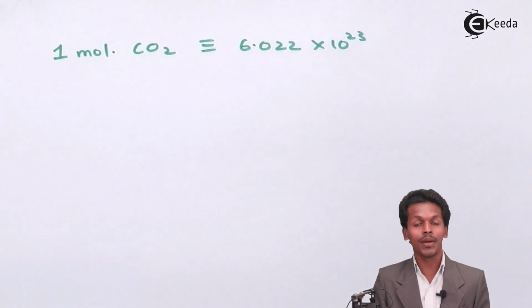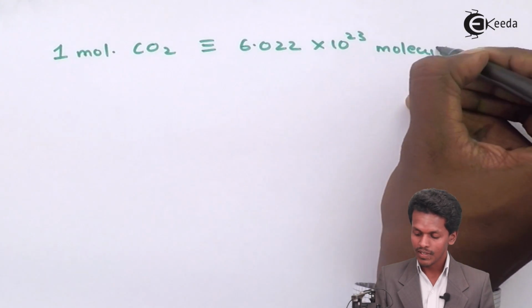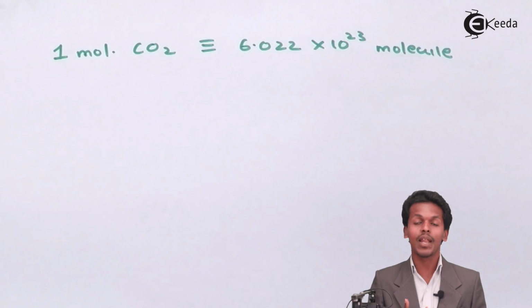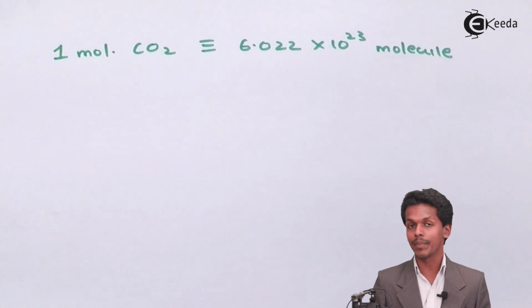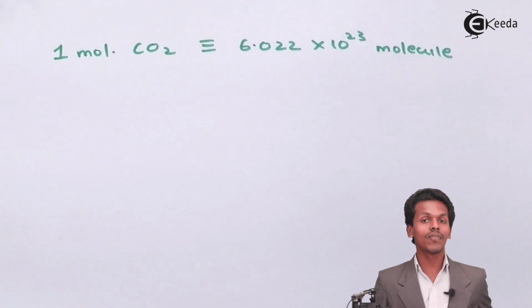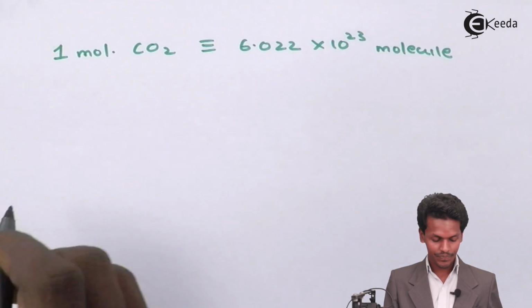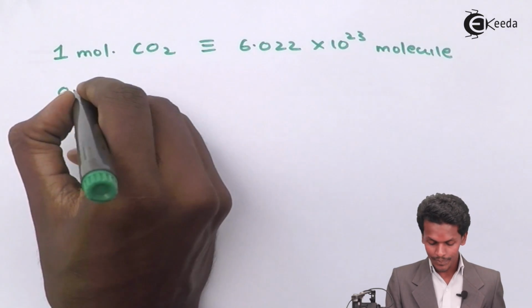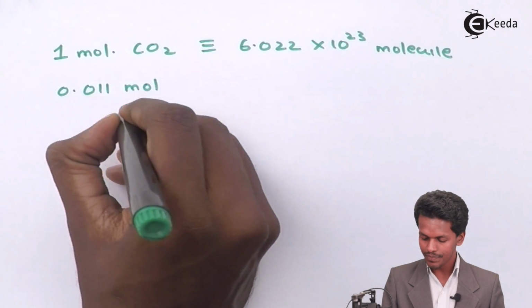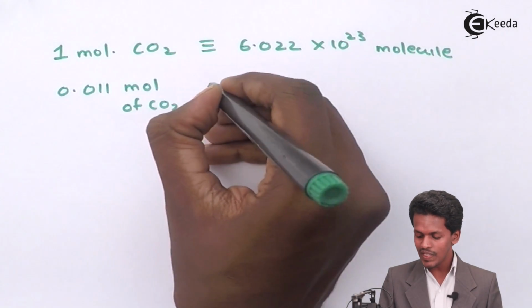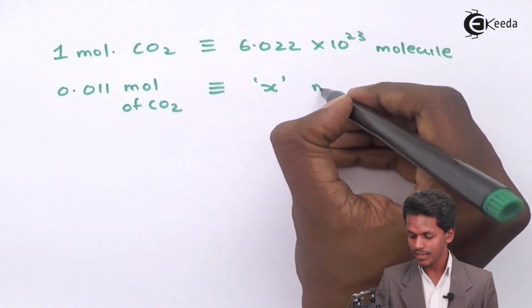When we are talking about carbon dioxide, I am talking about molecules. So this many molecules of carbon dioxide will be present in 1 mole. The number of moles calculated for 500 milligram was 0.011 mole of carbon dioxide. Suppose this contains X molecules.